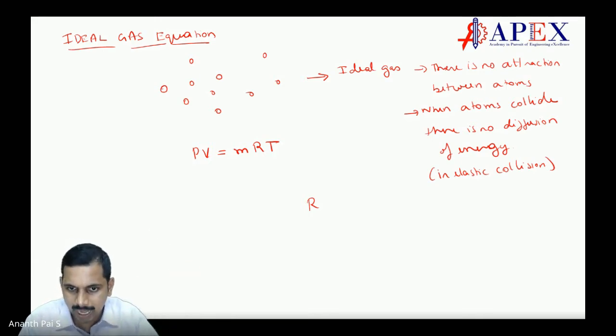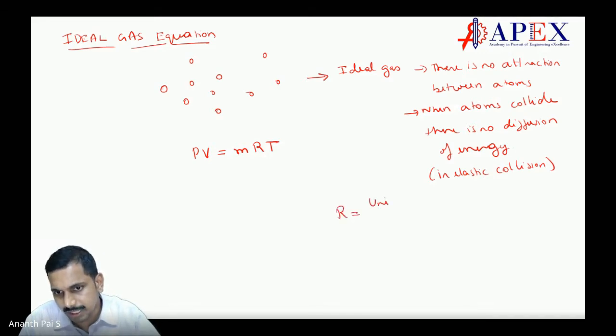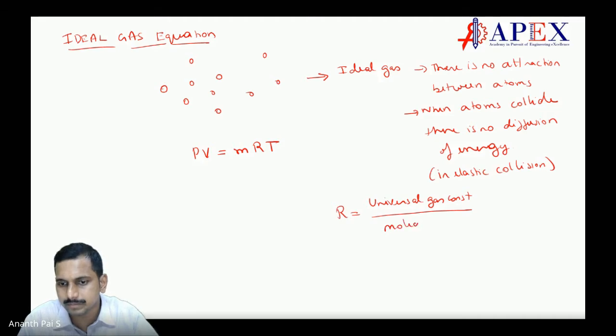So R here, small r, is equal to the universal gas constant divided by molecular weight.